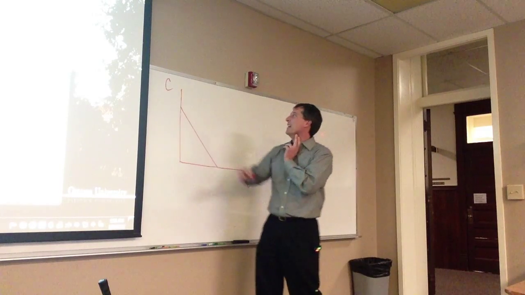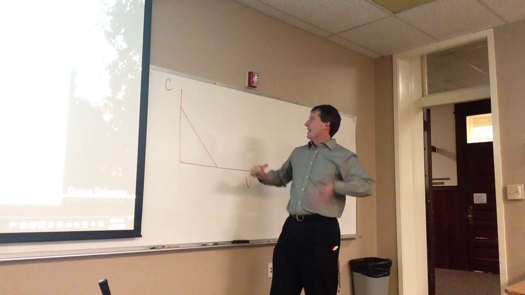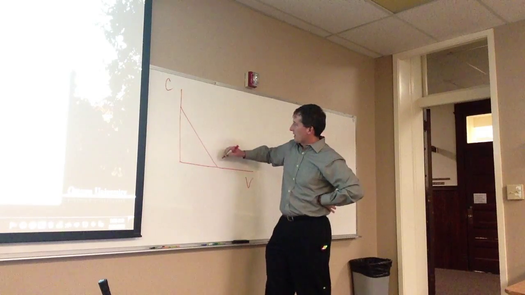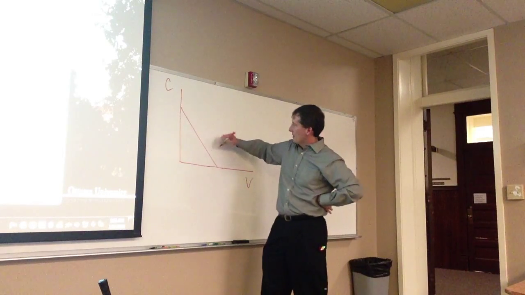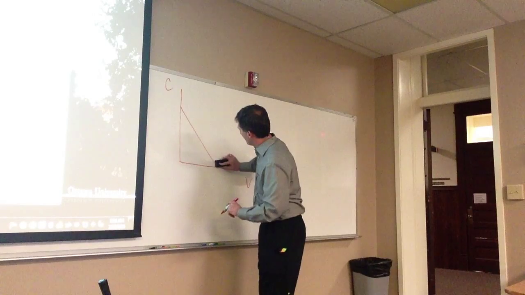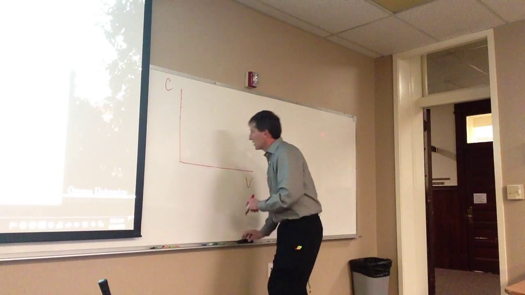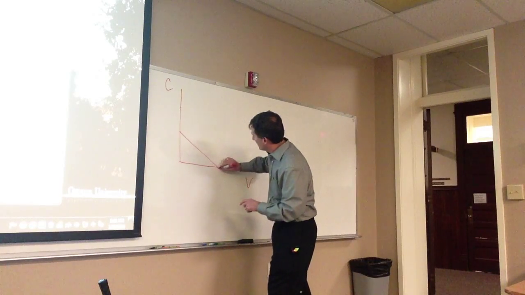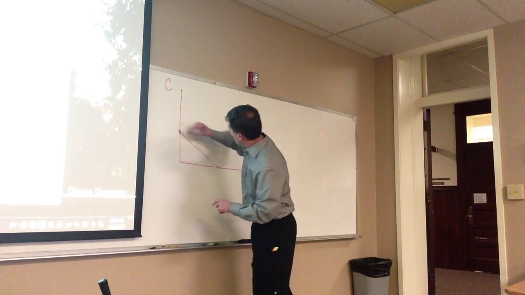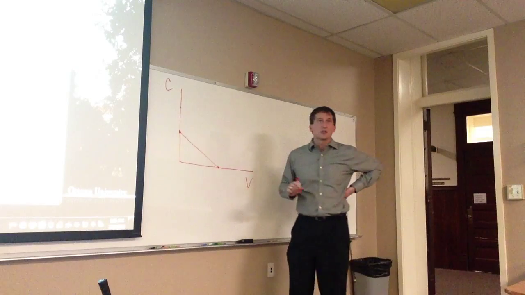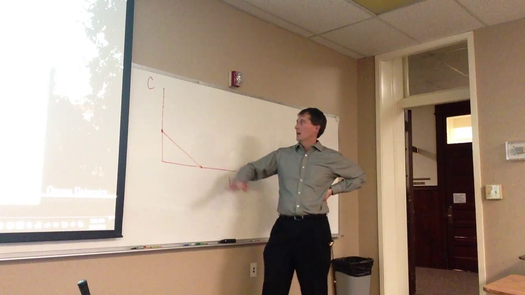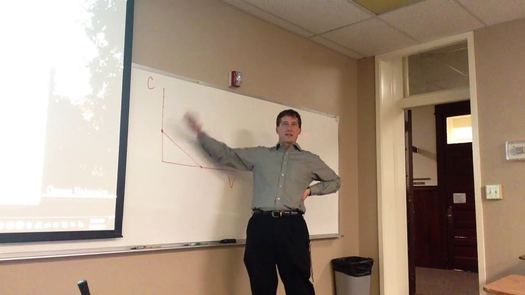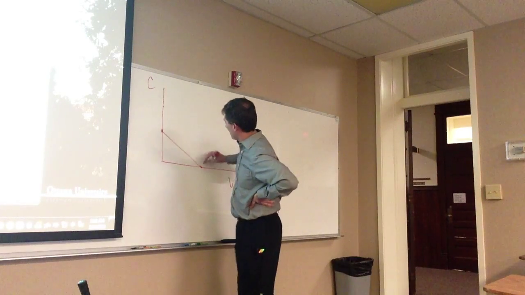All right, so we got cookies and Viagra. If cookies get cheaper, how does the budget line rotate if it starts like this? To the right, right? So we can buy more cookies.